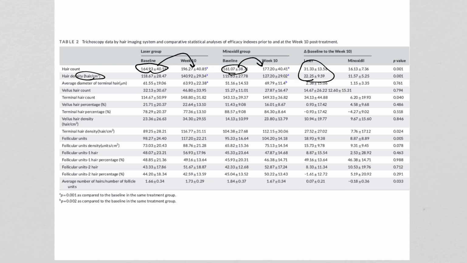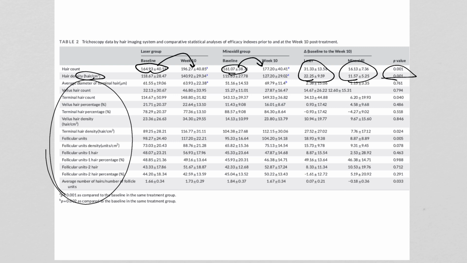Better results for the laser therapy compared to minoxidil. P-value was significant. All of these other things are very, very detailed things that they measured about the actual stage of hair follicle growth that we're in. But the first two, total number and density, are obviously what people really care about. So it seemed like there was an increase.